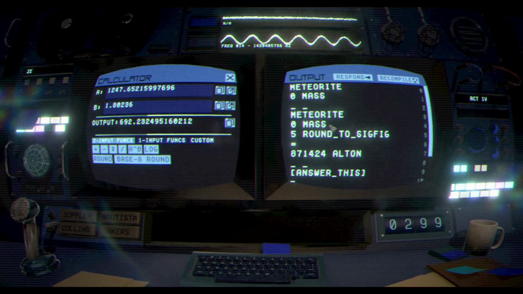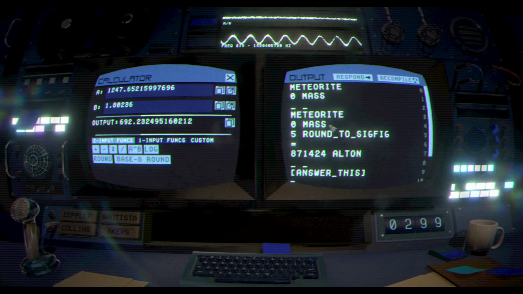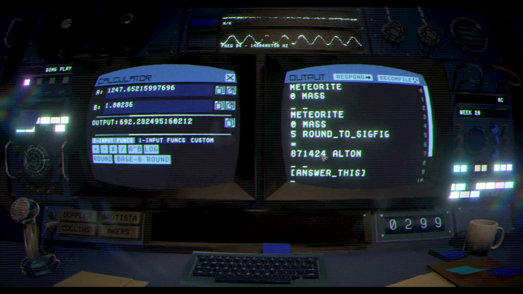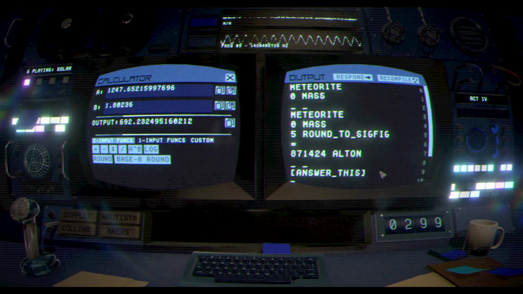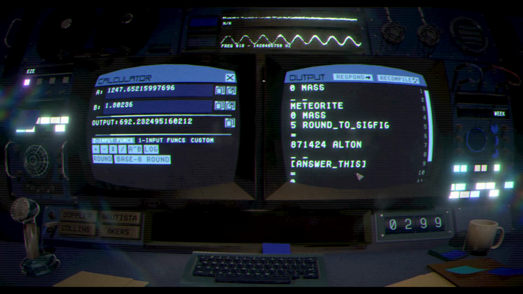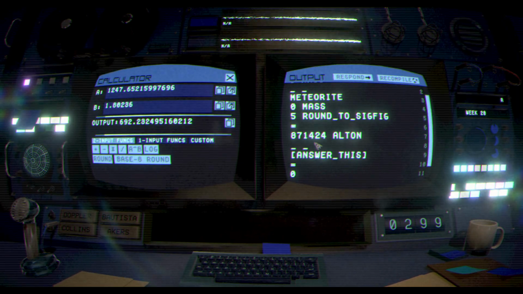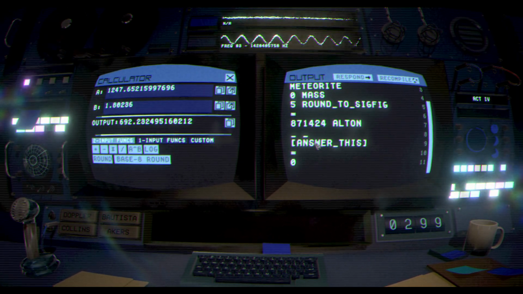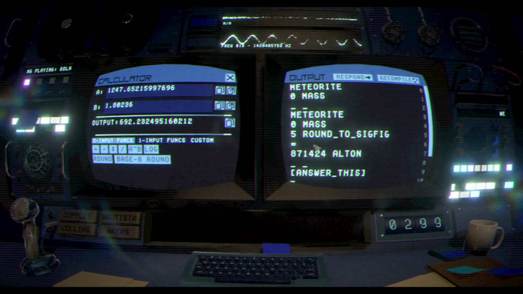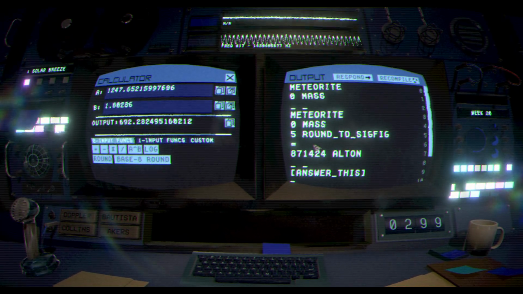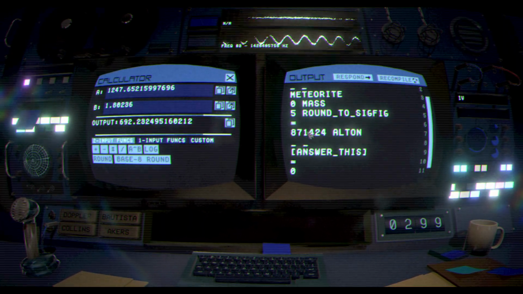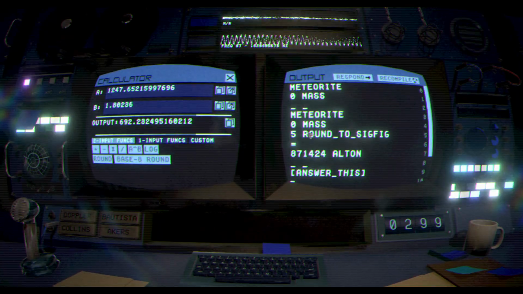Okay, meteorite's mass rounded to 5 sig figs equals 871,000 Altons. Now, that doesn't seem right, because this was measuring an atomic mass, right?